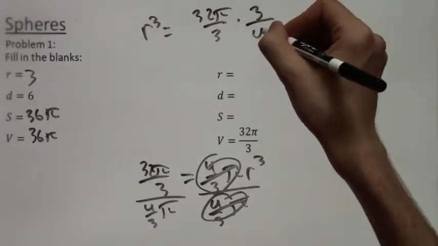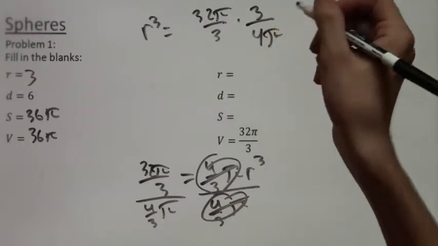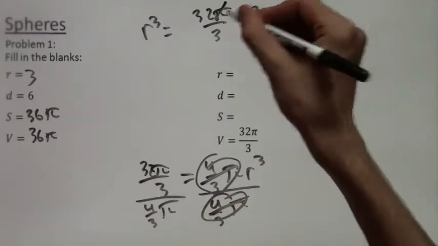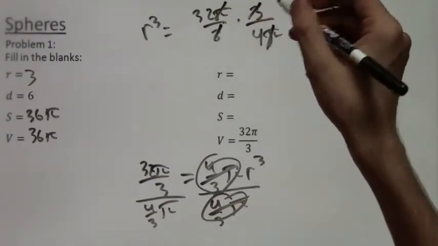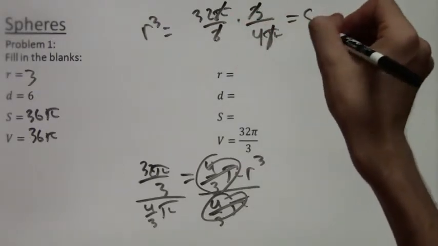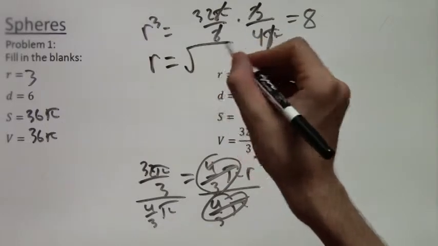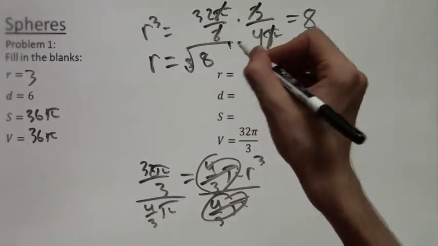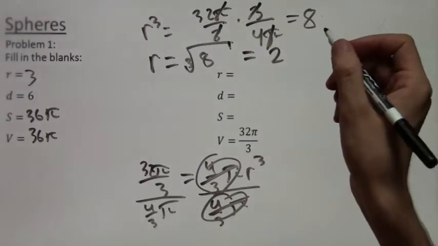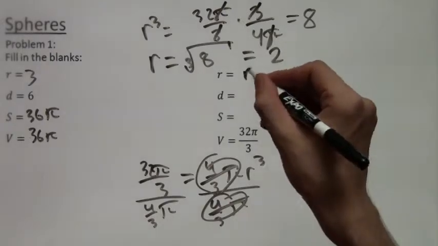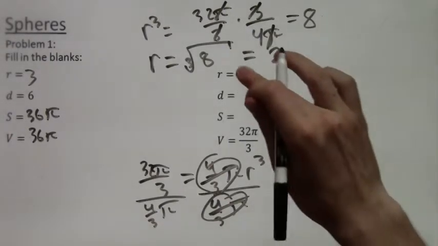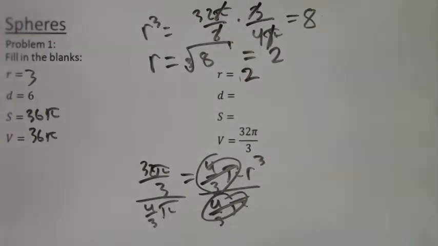So this is going to be 3/4 pi that we're multiplying by. Now we can simplify. The pi's cancel, the 3's cancel, and 32/4 is equal to 8. So r cubed equals 8. Then we can take the cube root of this, and you can either know or use a calculator, but the cube root of 8 is 2, because 2 to the 3rd power is 8. So that means that r equals 2.